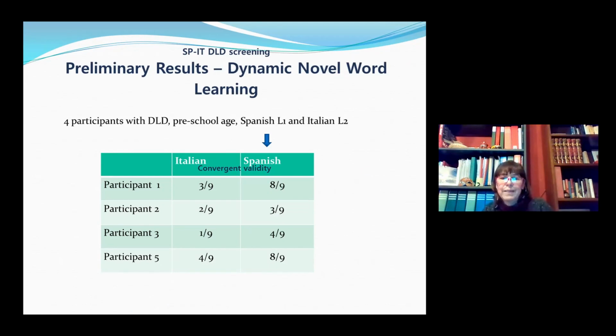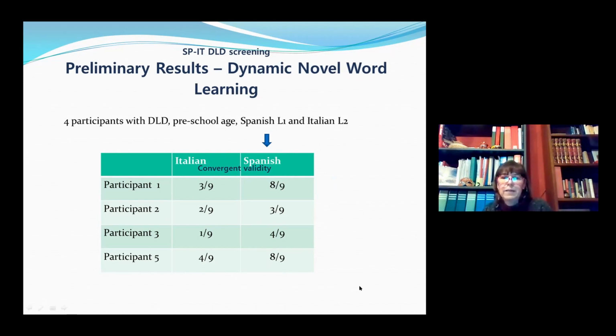The same was obtained with a clinical population of DLD children who had the dynamic assessment in both Spanish and Italian, and you can see how the learning of new Spanish words is easier for those children than learning new Italian words.